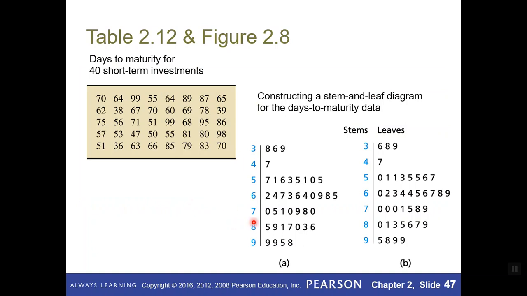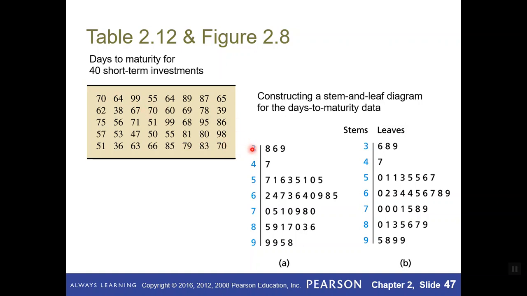That's the final step. Okay, I have 40 short-term investments here. This is my data set. This is stem, this is leaves. So first you have to draw a sketch. Start from the smallest value. You have to go through this data set and find the smallest and maximum values. My smallest value is 30 something, 38 or 36 I guess.